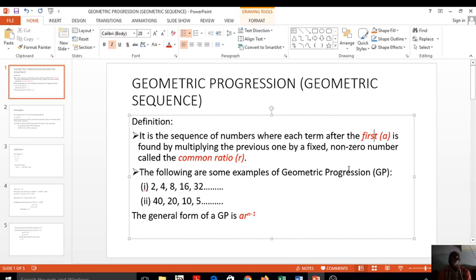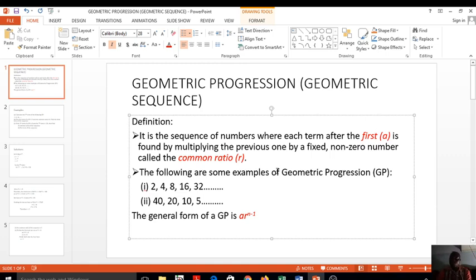This non-zero number we normally call the common ratio, and it's abbreviated by a small letter r.